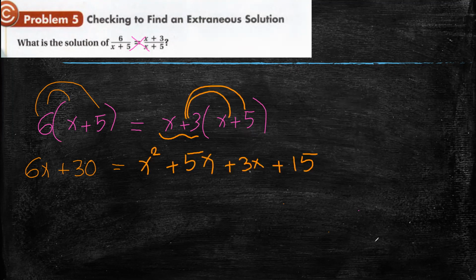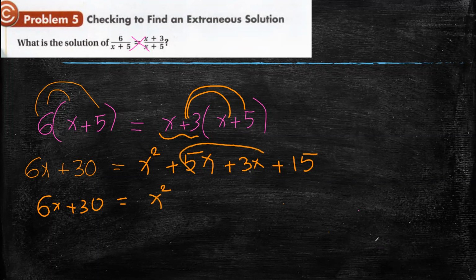Did you remember how? I mean, how do you multiply an expression with an expression? Yes. Then after that, now rearrange it as 6x plus 30 equals x squared.